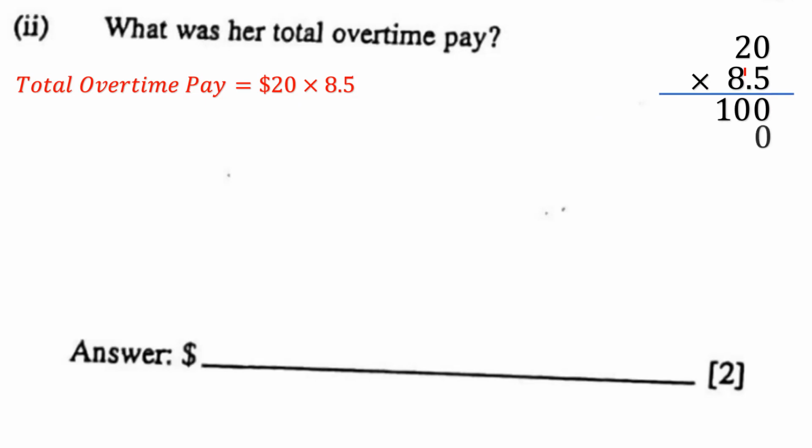And when we put the placeholder, 8 times 0 is 0. 8 times 2 is 16. Add them all together. 0 plus 0 is 0. 0 plus 0 is 0. 1 plus 6 is 7. And 1 plus 0 is 1. And so that means she is paid $170 for her overtime.